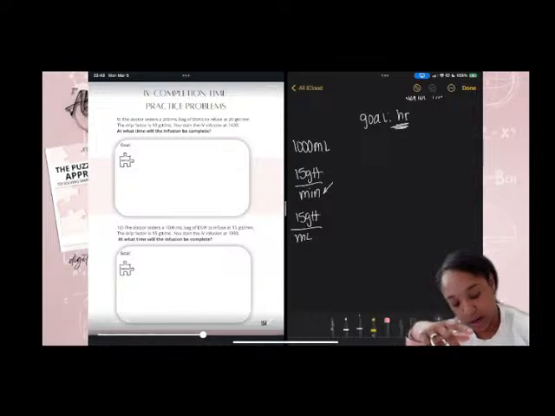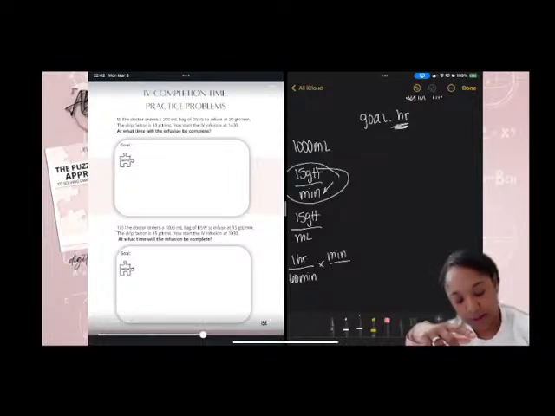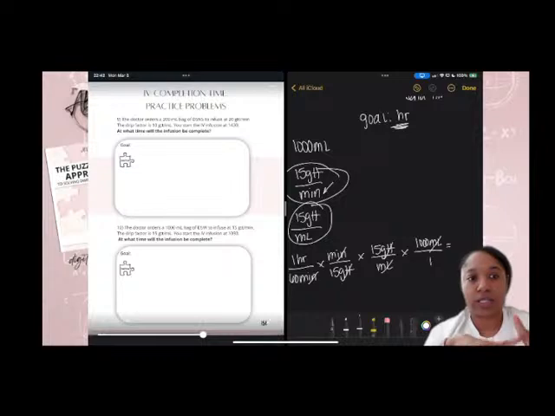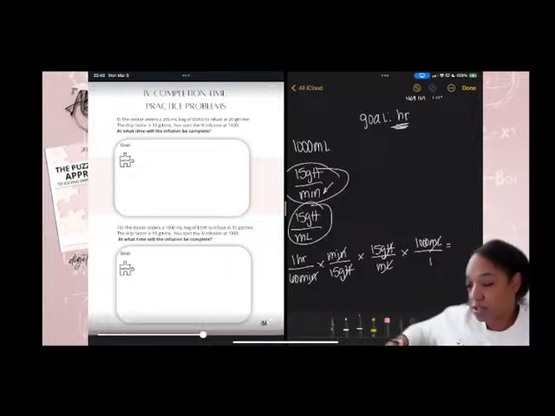So I'll do my 1 hour to 60-minute conversion. Now I can put my minutes on the top and my drops on the bottom. And then we can do our drops on the top, because they have to be canceled out. 15 drops per milliliter. And then we can put our 1,000 milliliters on the top. And it's by itself. It's not equal to anything, so we just put it over 1. And it's okay for it to be by itself.